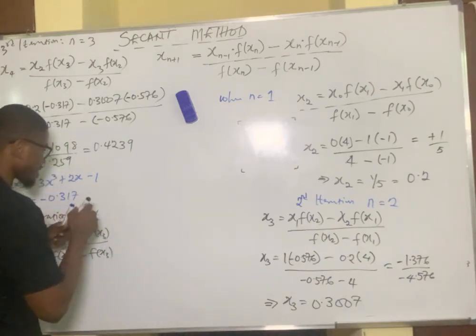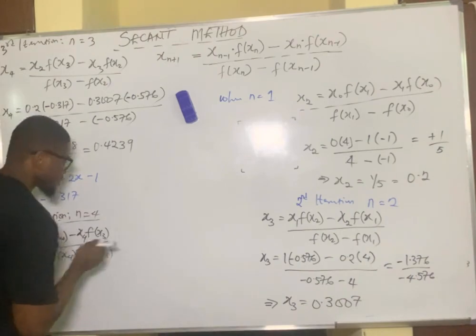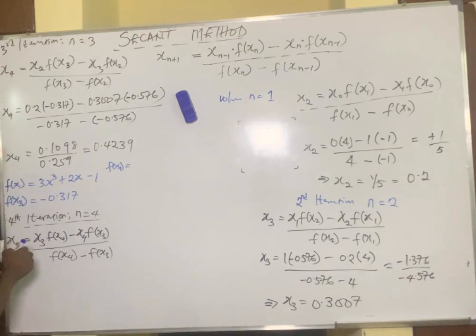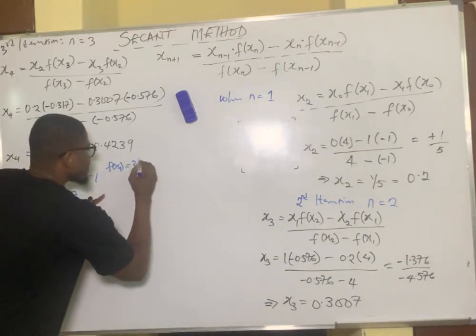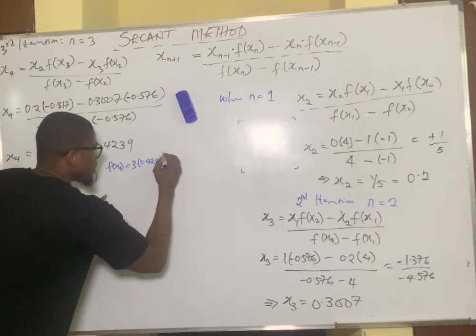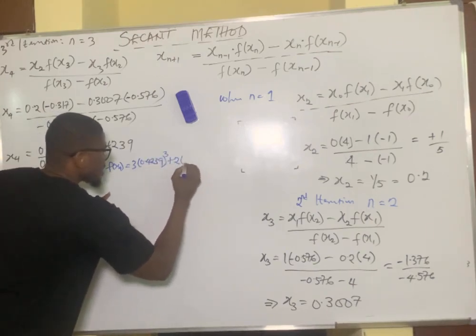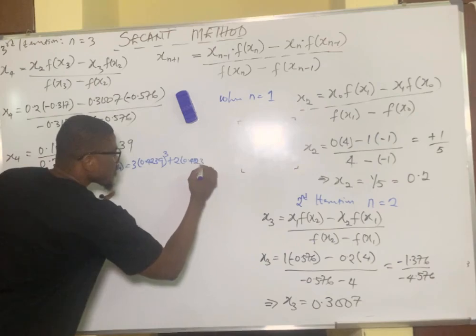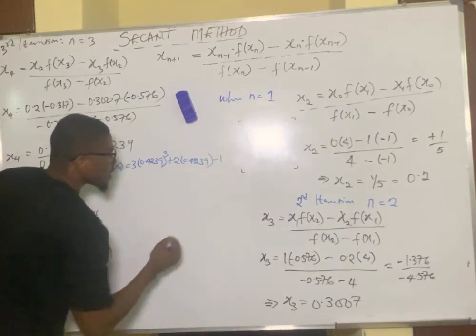So this means that f of x4 is going to be equal to 3 multiplies 0.4239 to the power of 3 plus 2 multiplies 0.4239 minus 1.